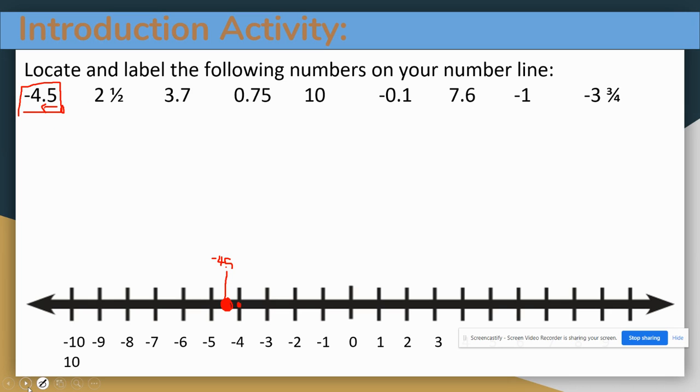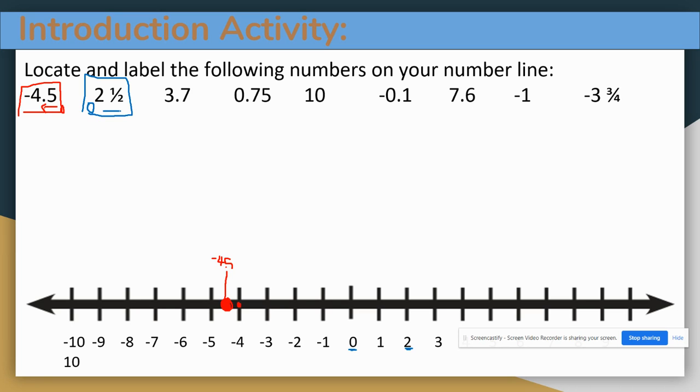Now I want you to go ahead and find what 2 numbers 2.5 falls between. All right, I first see that starts with a 2, so I'm going to find 2 on my number line. Since there is a number after 2 that tells me I have to get further away from 0, I know 0 is to the left of 2. It is right here.